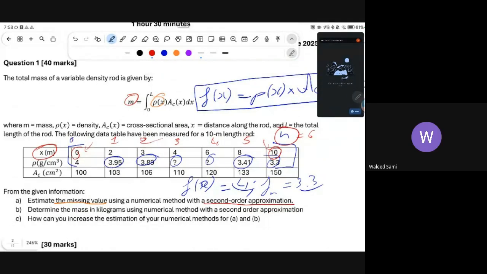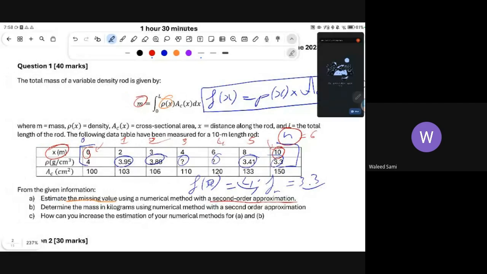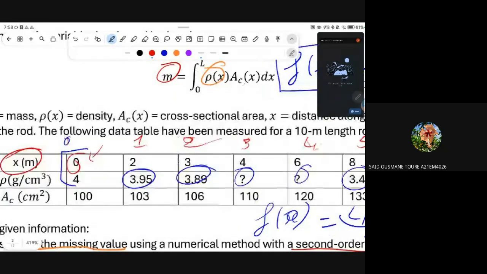It's going to be 7 if you start at x1. But here we don't say x1, it's x0.